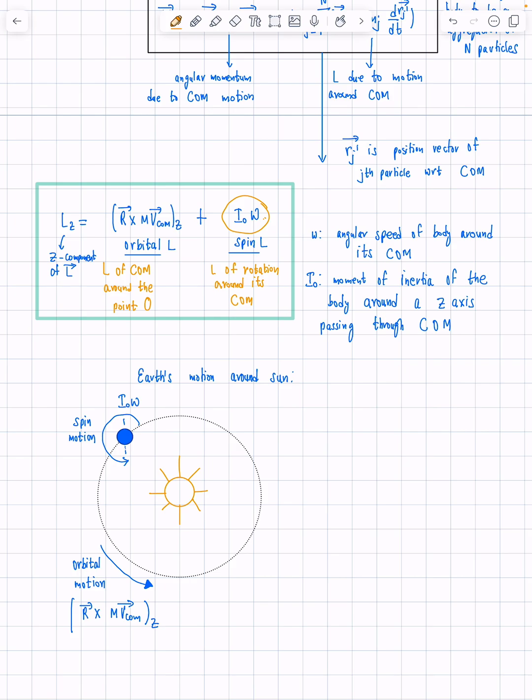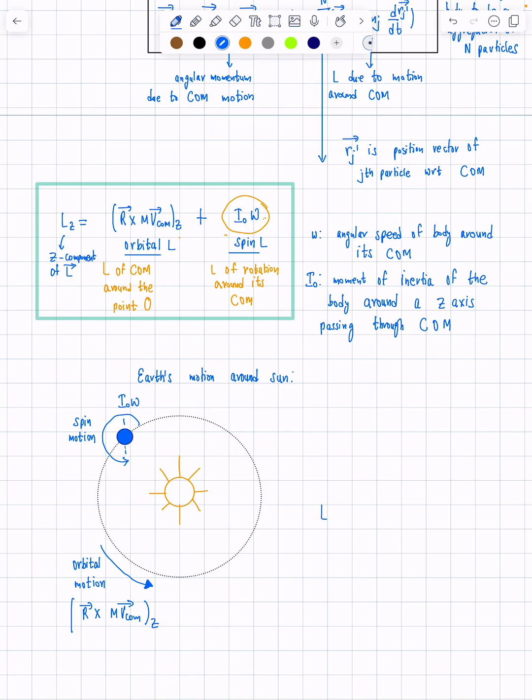But in the examples I will be showing, even the orbital angular momentum is entirely along the z-axis. So to find the total angular momentum, we can just add the two terms. It will be good to remember this formula.